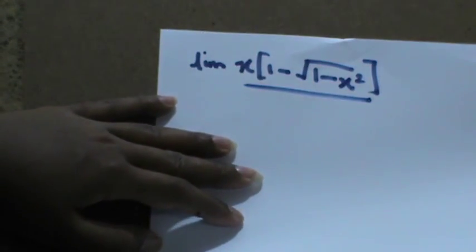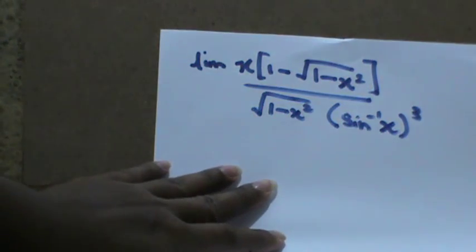Let's do something like this. The limit of this function: x times (1 minus x times (1 minus root 1 minus x squared)) divided by root 1 minus x squared times sin inverse x, cubed, something like this.